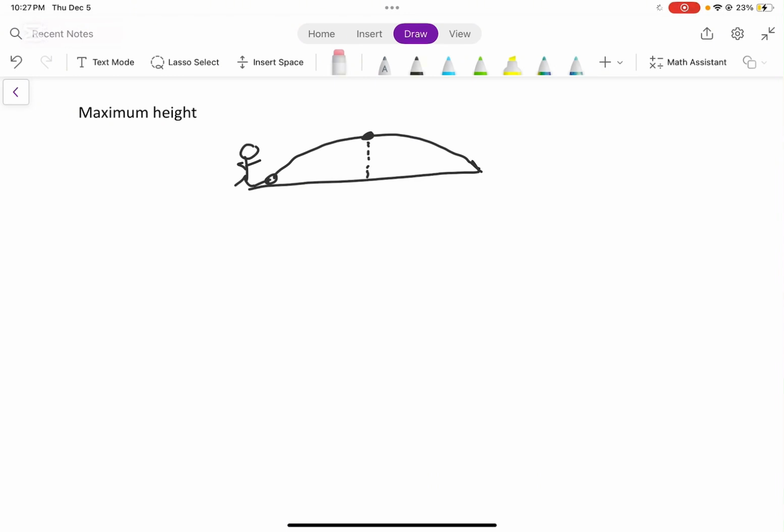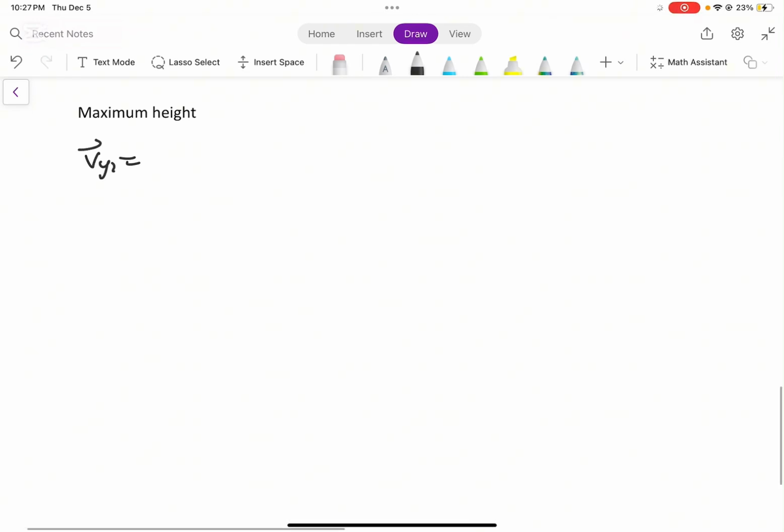How can that help us? Well, that actually gives us the final speed for its time in the air. So if we think, what is our given now? Well, we have v1y, or vy1, which is equal to sine theta times v1, correct?